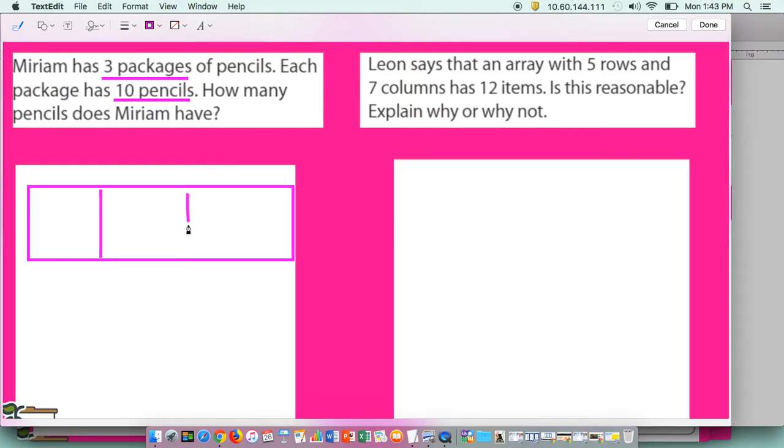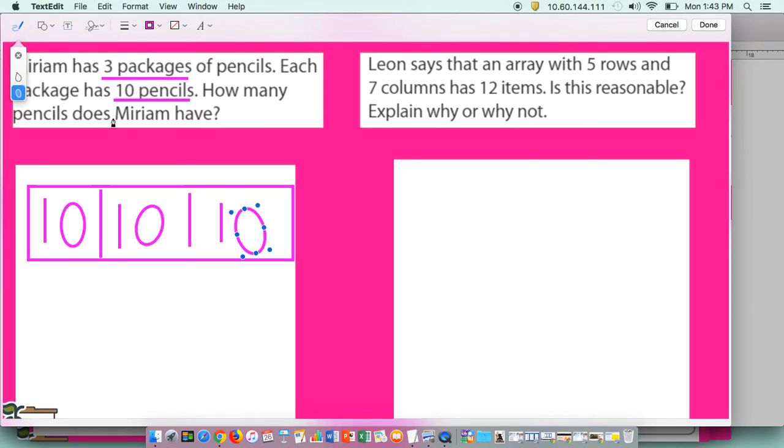And how many pencils are in each package? That's right, there's 10. So we're going to write 10 in each one.